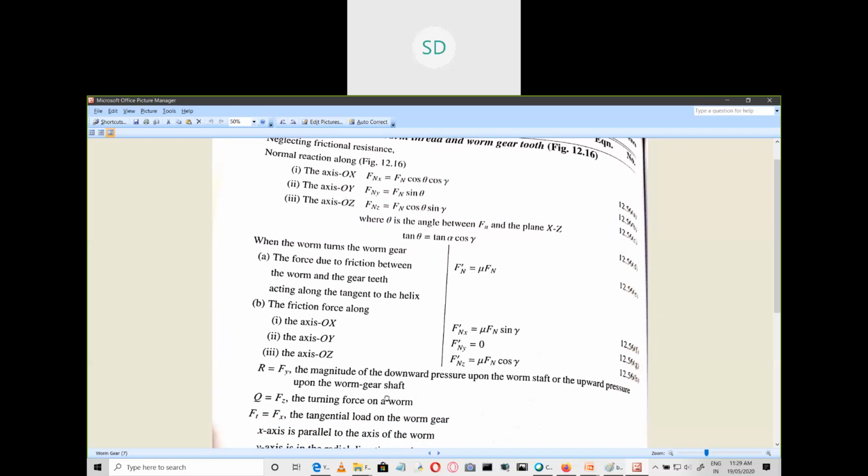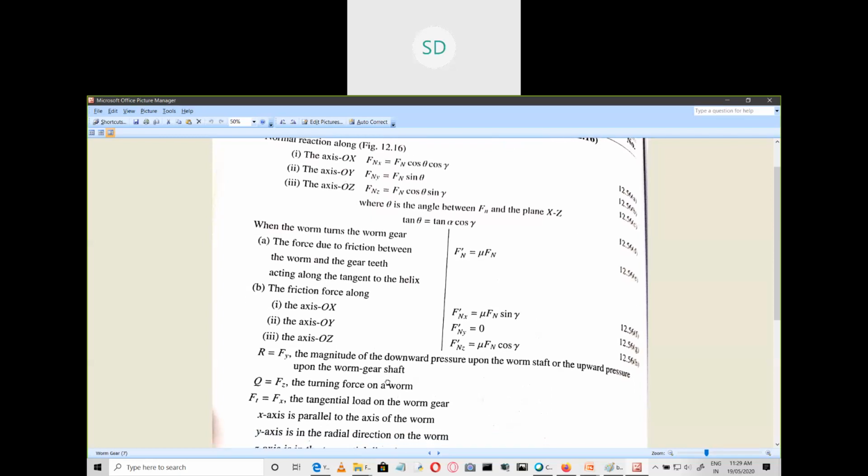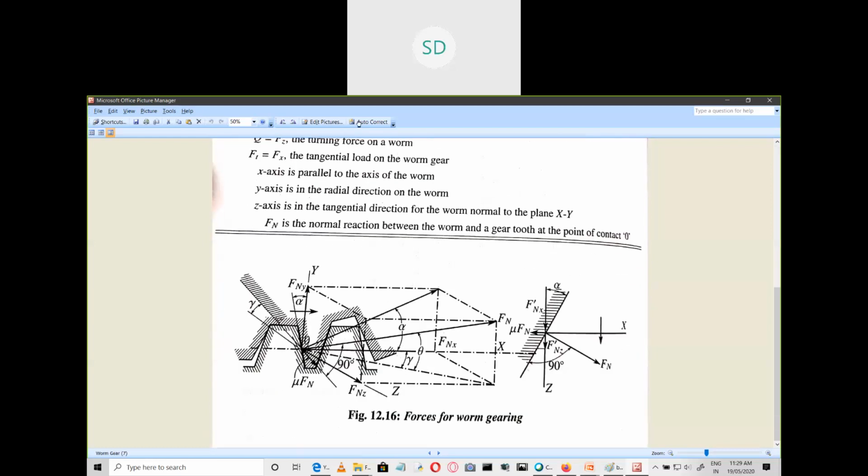Where theta is the angle between the normal force with respect to the plane of xz. So you can refer to figure number 12.16 here. So mu Fn, you just observe mu Fn, Fnz, Fnx, Fny and alpha.